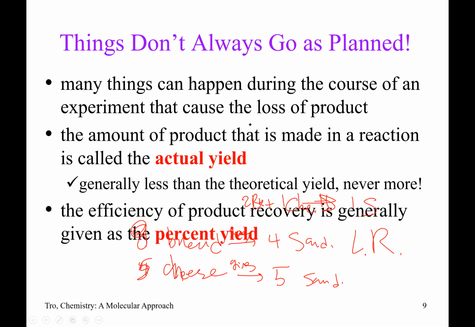The percent yield is also another term that we deal with in this quantitative analysis. The actual yield is what you find in the experiment, what you find in the lab or was found in the lab; you have to look for those key terms.